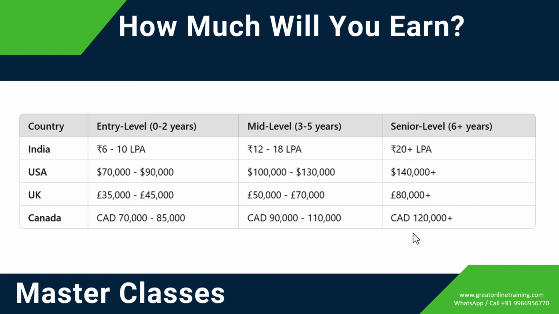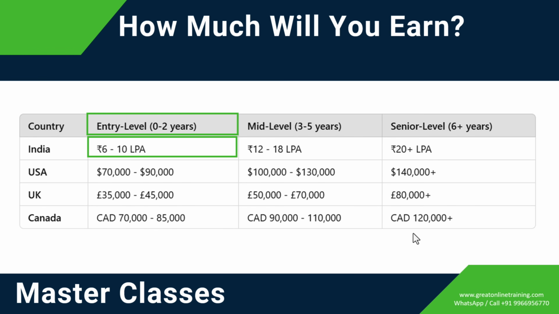So once you get a job, automatically you'll get to know what is happening in the market. Here I have taken 4 different countries: India, US, UK, and Canada as a source for entry level jobs. In India, you will get 6 to 10 lakhs per annum.